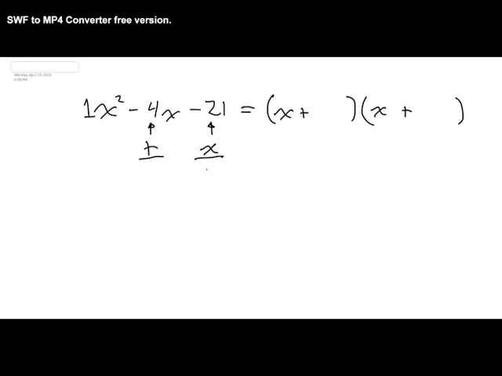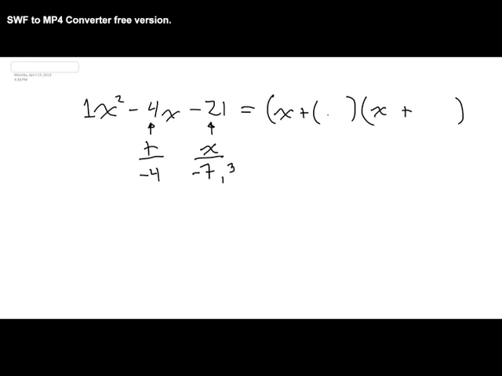The factors of 21 are 3 and 7. How could you have 3 and 7, one being negative and one being positive so they multiply to make a negative number, to add to make -4? The only pair that works is -7 and +3. Multiplying these two together definitely gives you -21, and adding these two together gives you -4.